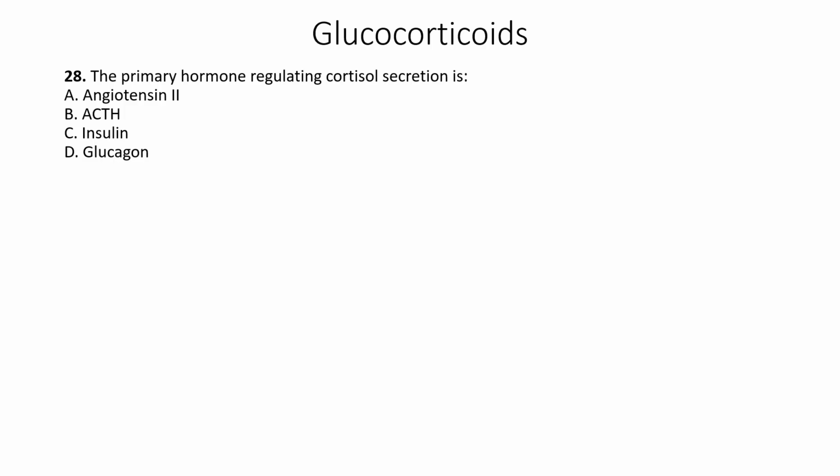Do you want to try it out? Anyone want to try? You just have to send the option that you think it is, A, B, C, or D. If you're not able to text, you can also unmute and say the answer if you feel that's more comfortable.